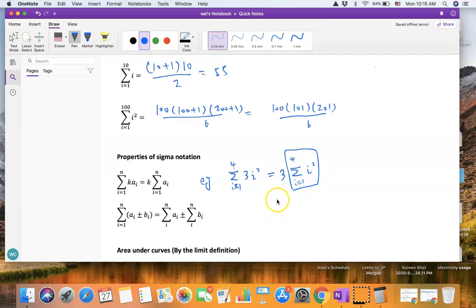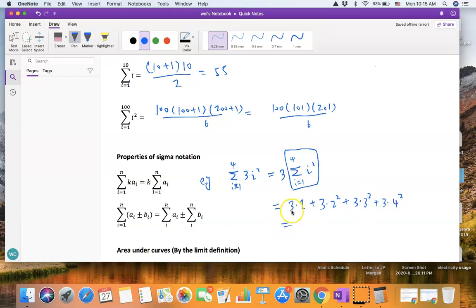In this problem we actually use the distributive property, right? Because when we write this summation out, it is 3 times 1 square plus 3 times 2 square plus 3 times 3 square plus 3 times 4 square.